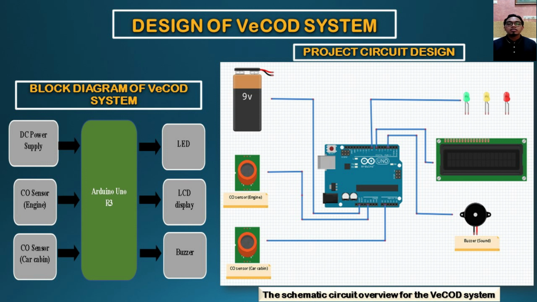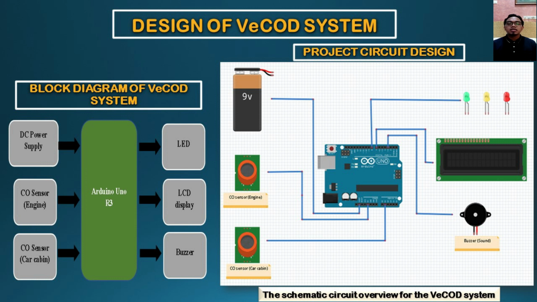Arduino Uno R3 will play the role of the microcontroller that will control between the input system and output system, while the output system consists of the LED, LCD display, and buzzer. Each will respond after the signal is sent by the microcontroller.